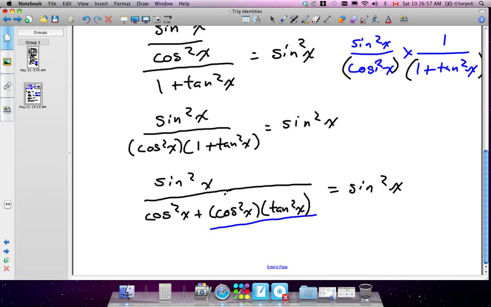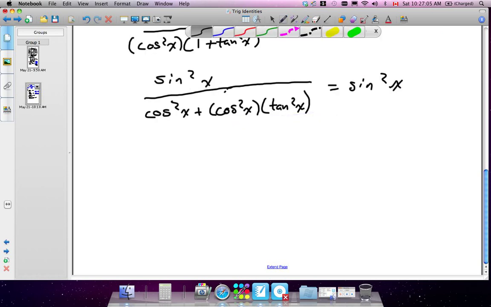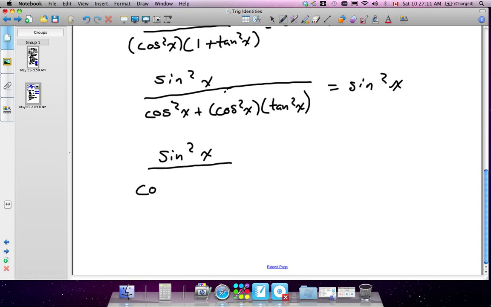I can replace cos squared x times tan squared x with just sine squared x. So my next line is going to read sine squared x above cos squared x plus sine squared x. Correct? Does this make sense so far? Yeah. Equals sine x.